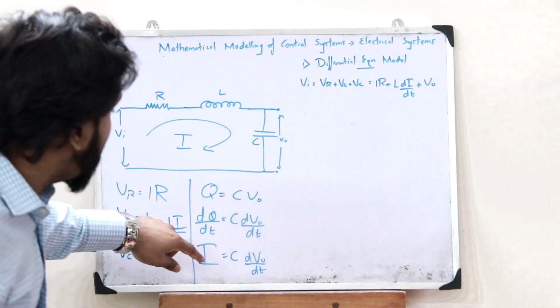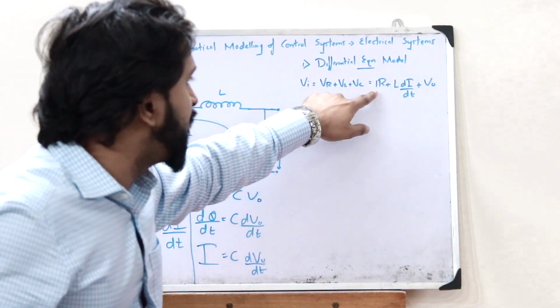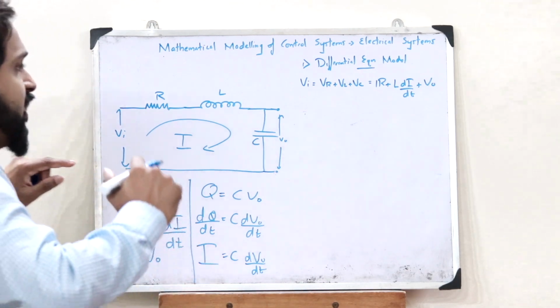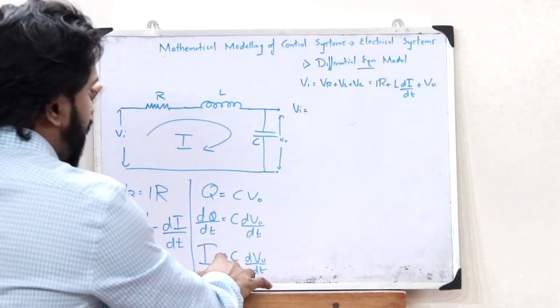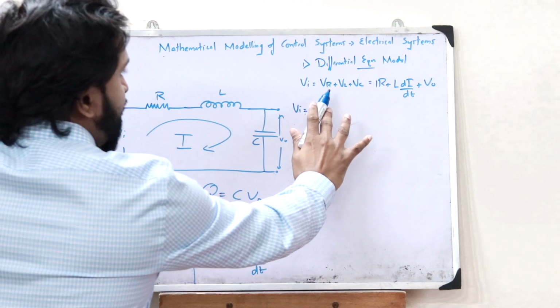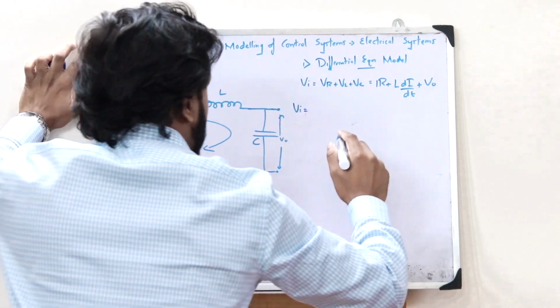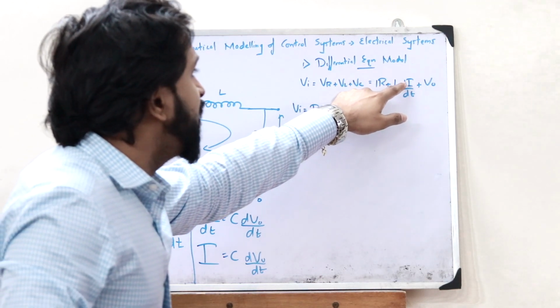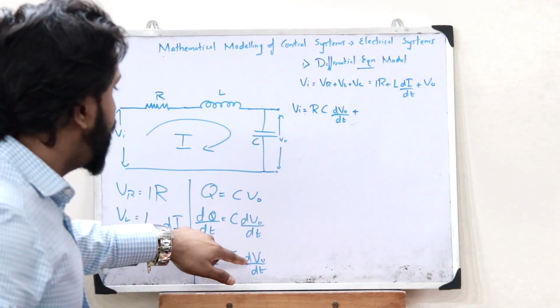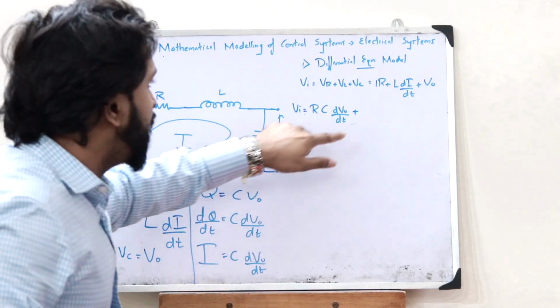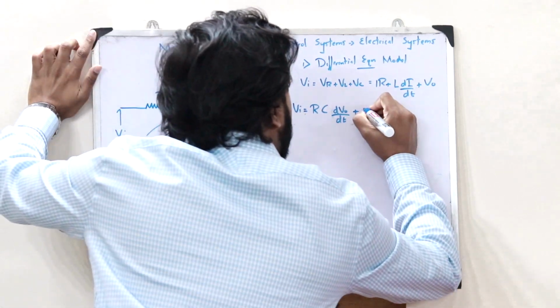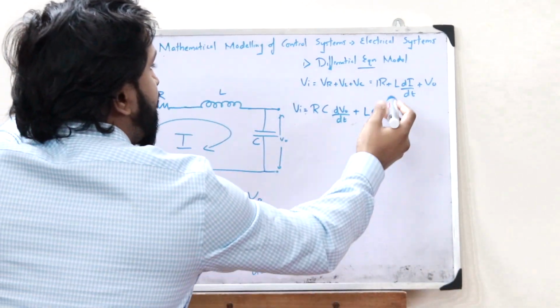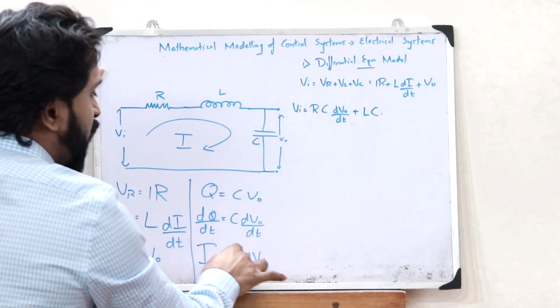So now on substituting this value of I in this equation, we would get Vi is equal to C into dV0 by dt into R, plus here we have L into di by dt, but here I is C into dV0 by dt. So on substituting this, we would get the constant LC into d by dt of dV0 by dt.